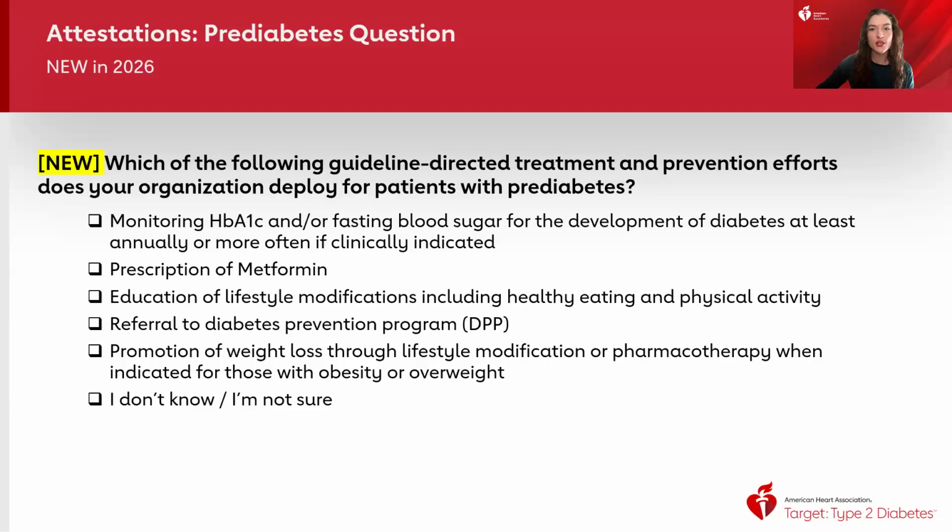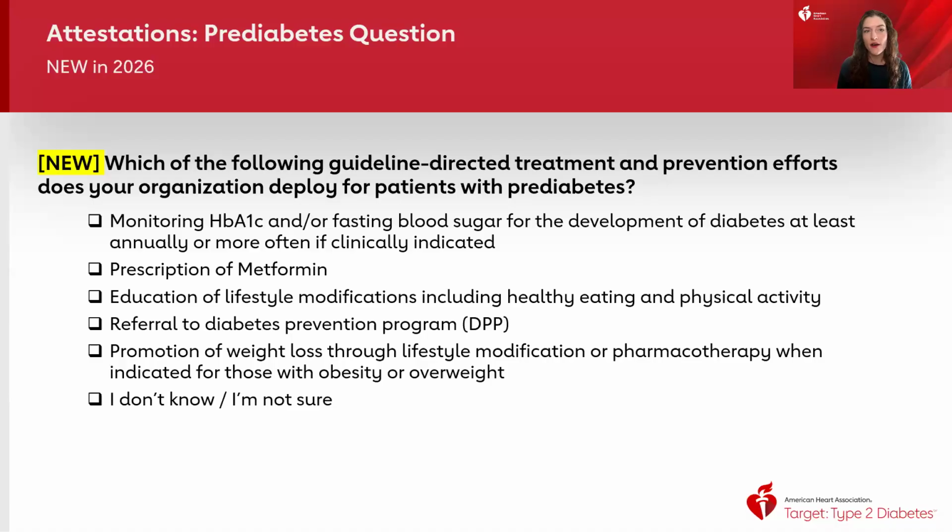We begin our attestation questions asking which guideline-directed treatment and prevention efforts your organization deploys for patients with prediabetes. This is included because, well, yes, the program is focused on patients with type 2 diabetes, we recognize that a focus on diabetes prevention is a really important part of the care process. So please answer this to the best of your ability.